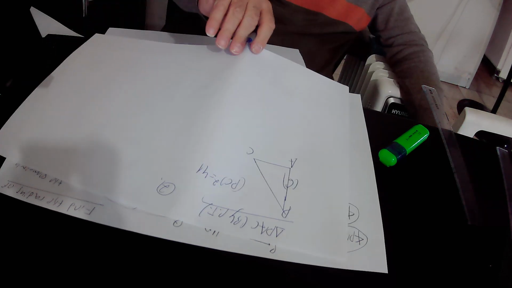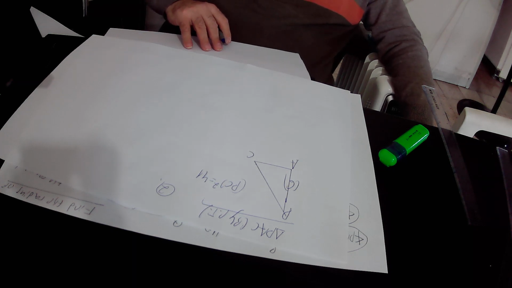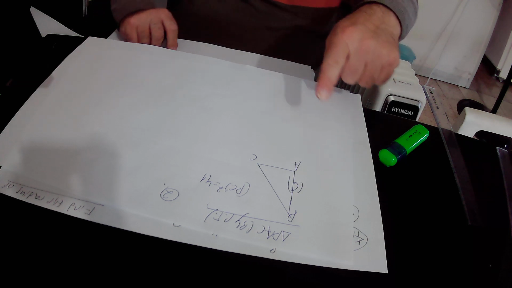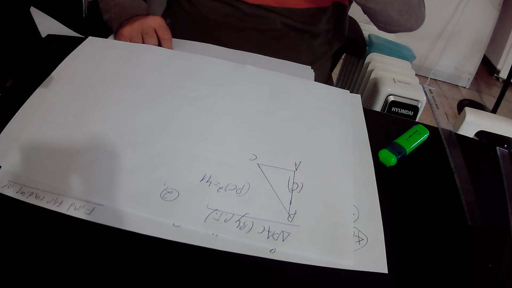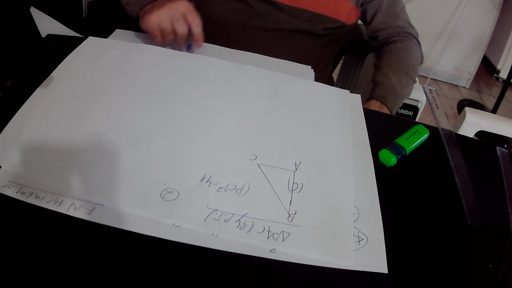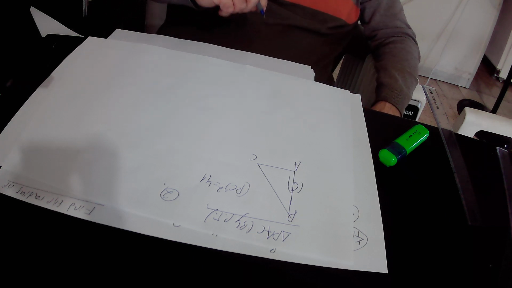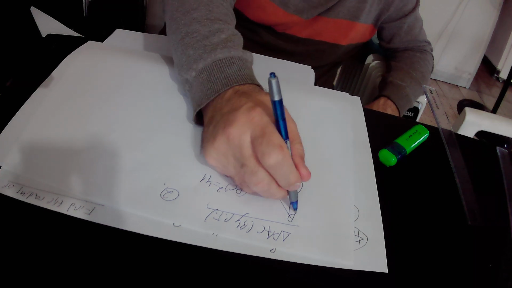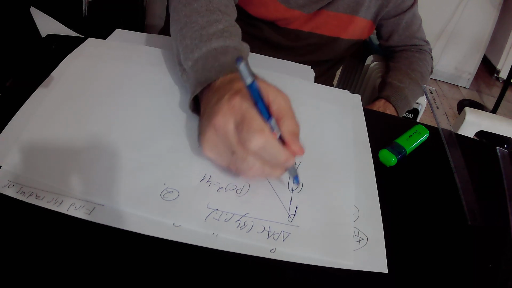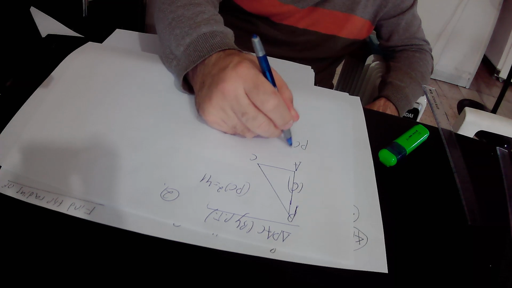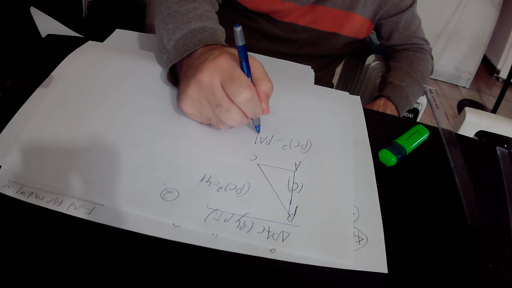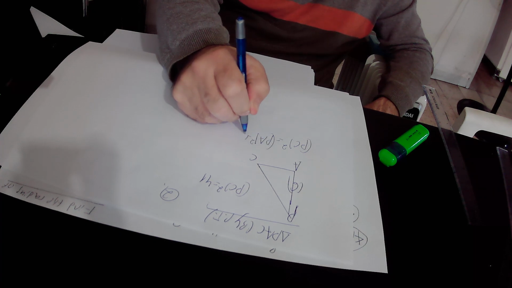So actually, this is the right triangle PAC that I copied from the original drawing. Again, PC squared, the square of the hypotenuse, equals 41, and PA equals 6. So here PT is the abbreviation for Pythagoras theorem. According to the Pythagoras theorem, in this right triangle PAC, PC squared, the square of the hypotenuse, must be equal to PA squared plus AC squared.